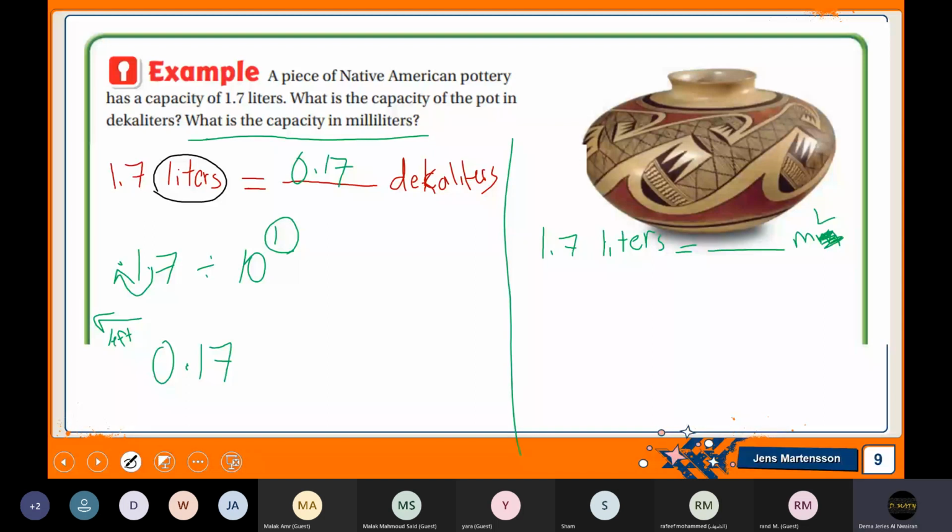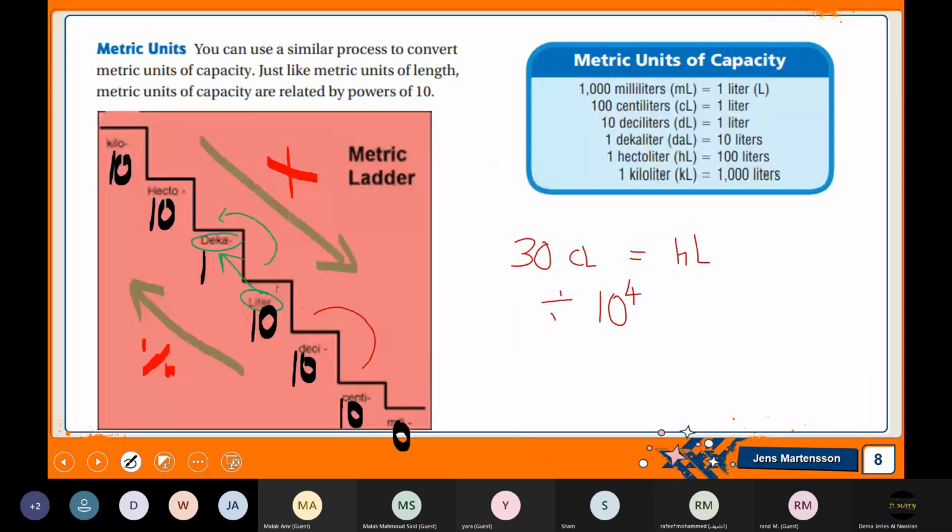I want to go to the milliliter. You want to go from liters to milliliters. How many steps? 3 steps. Bravo, down. You have to go down.